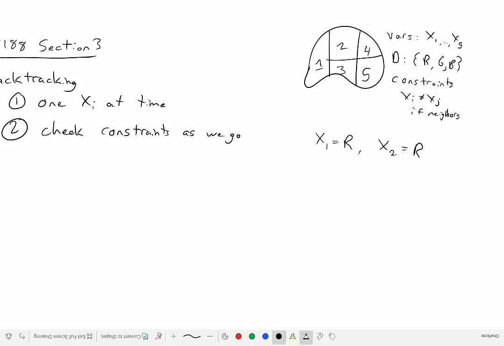Normal search would just keep going. It would keep assigning x3, and then once they were all assigned, it would say, uh-oh, bad, and then it would go back. But when we're doing backtracking search, it'll stop right as we assign x2 and it violates the constraint. So in this way, we don't have to go as far before we realize we made a mistake.